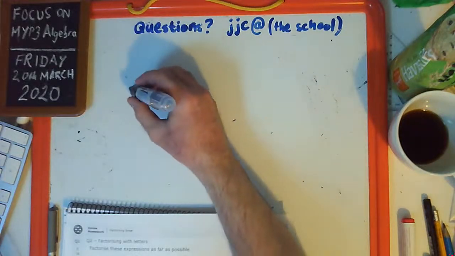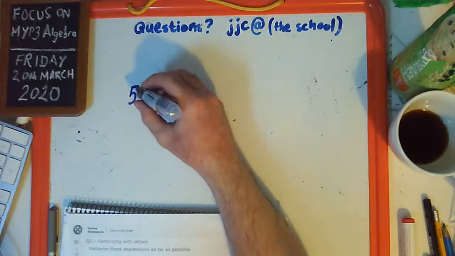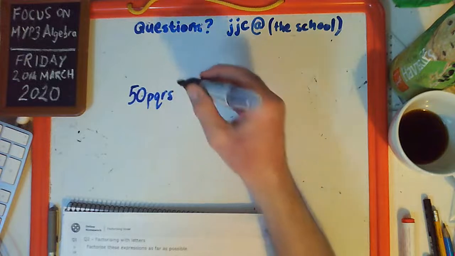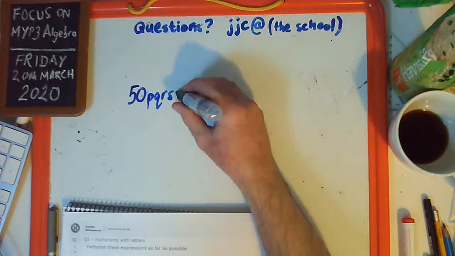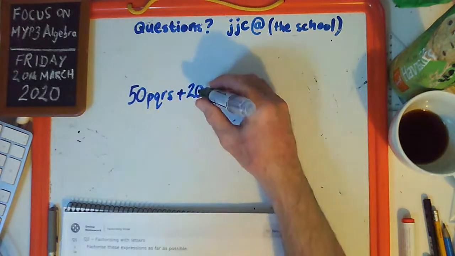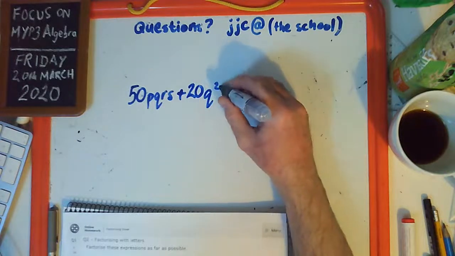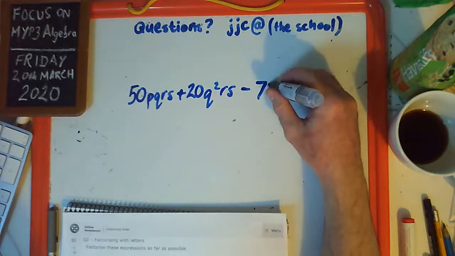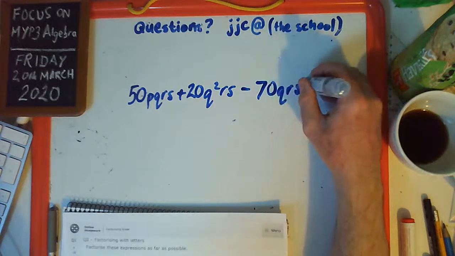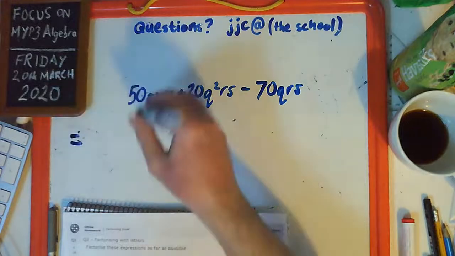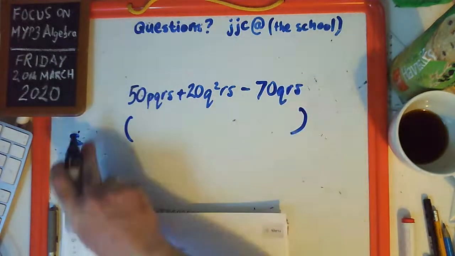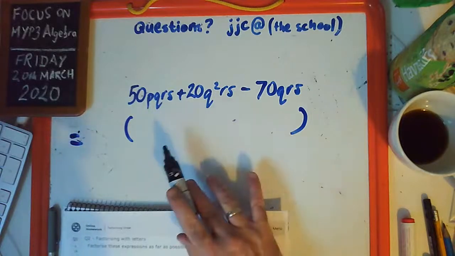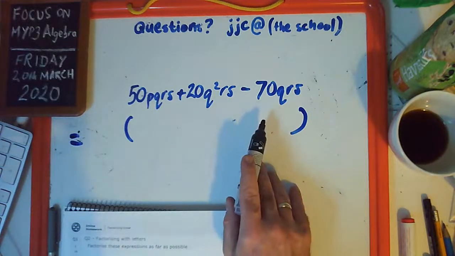Okay, so the last one on that block is 50PQRS, goodness, plus 20 Q squared RS minus 70QRS equal to something outside times a bracket. Okay, well 20, 50 and 70, they all divide by 10.